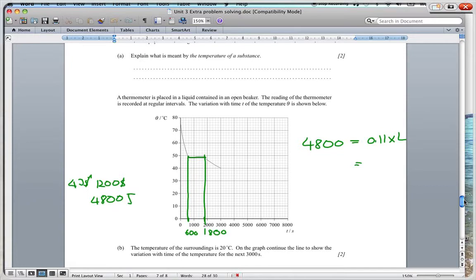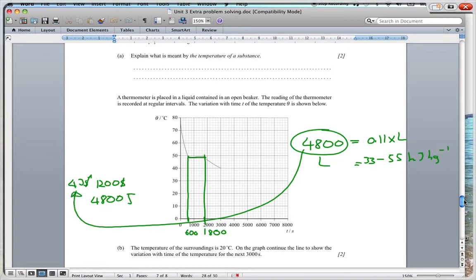It should be somewhere in the region that your L works out from 33 to 55 kilojoules per kilogram. Obviously this all depends on your value, because this over here required this value over there. So whatever value you had for that, you had to put it into that. Alright, hope that makes sense. Thank you very much.